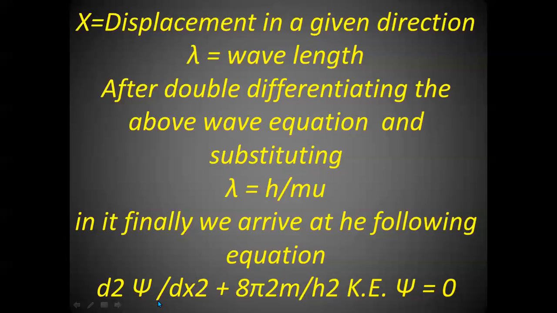I'm reading again: d square psi by dx square plus 8 pi square m by h square times kinetic energy times psi is equal to 0. Here we consider the kinetic energy of the electron. Here m is the mass of the electron, h is Planck's constant, and psi is the wave function. The total will be equal to 0.